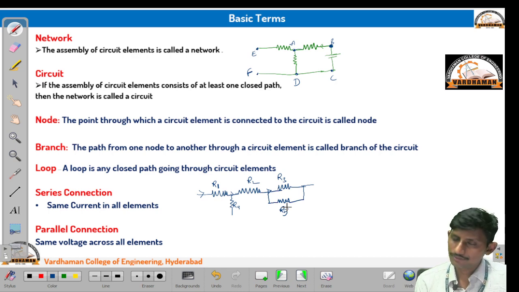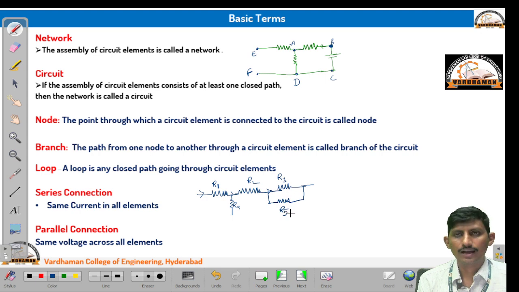So, this type of connection is called parallel connection. In parallel connection, the voltage across those connected points is constant. That means voltage across R3 and voltage across R5 are the same. That means in series connection current is constant and in parallel connection voltage is constant.